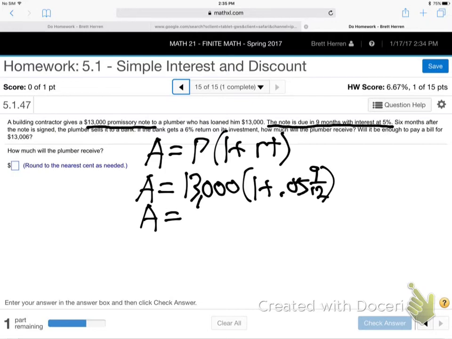Does somebody have that number? $13,000 times 1 plus 0.05 times 9/12? 13,487.5. Yeah, 487 point 5.